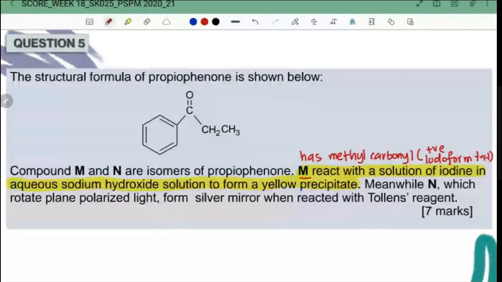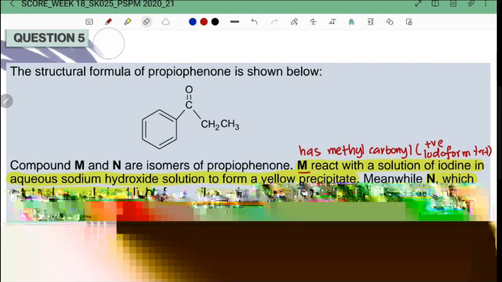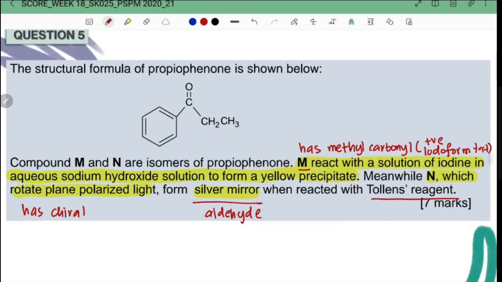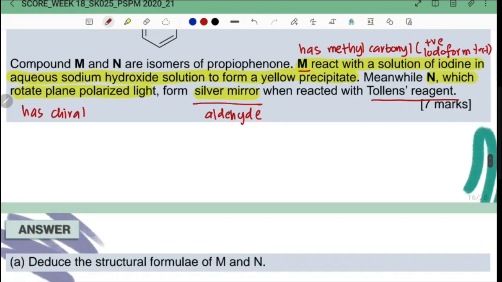While N rotates plane polarized light, so first of all it has a chiral carbon, and N forms a silver mirror, so N must be an aldehyde when reacted with Tollens reagent. The question is to deduce the structural formula of M and N.